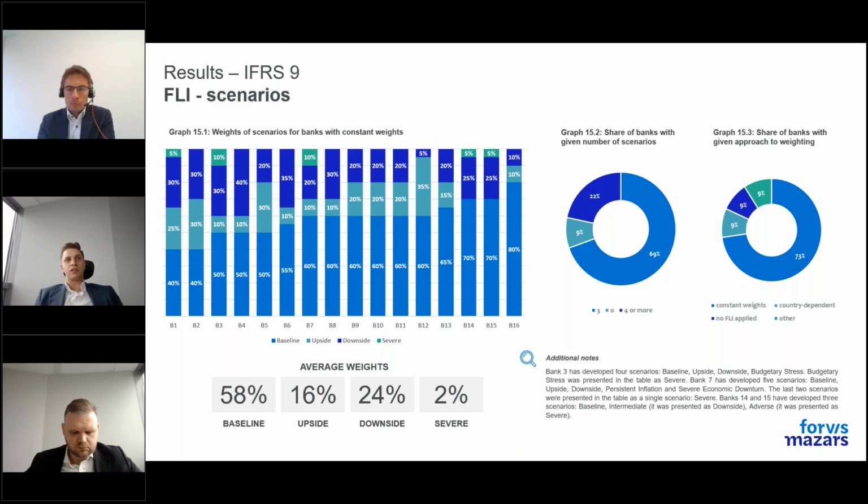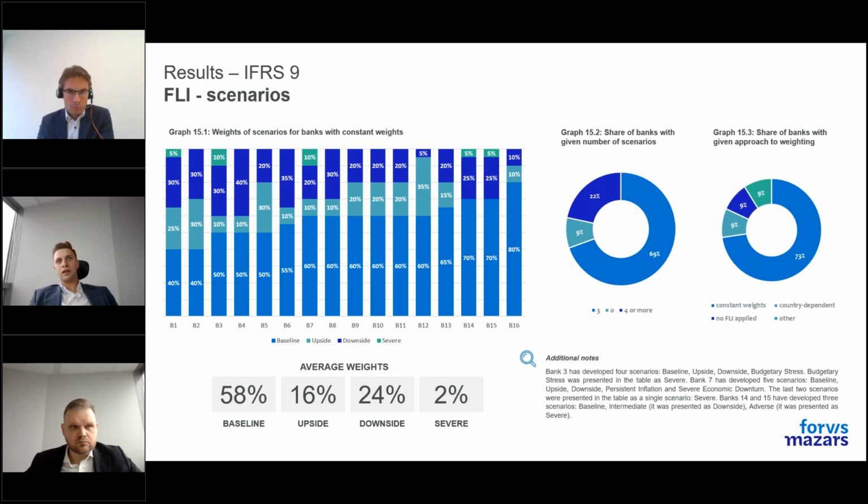What is also worth saying is that the average weight of the downside scenario is higher than the average weight of the upside scenario, which means that on average banks are expecting market crisis, or let's say worse market conditions.